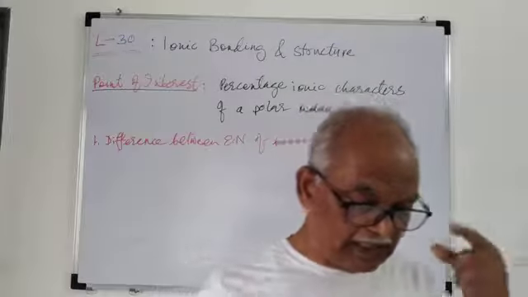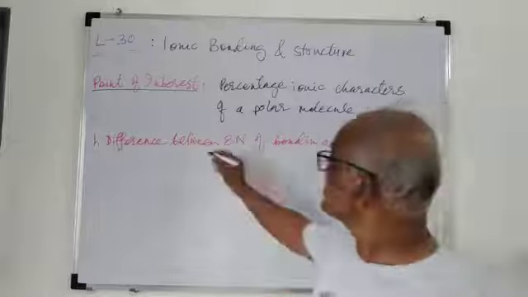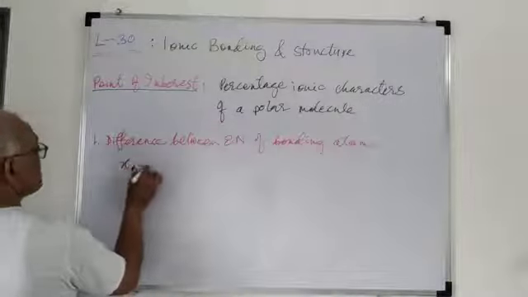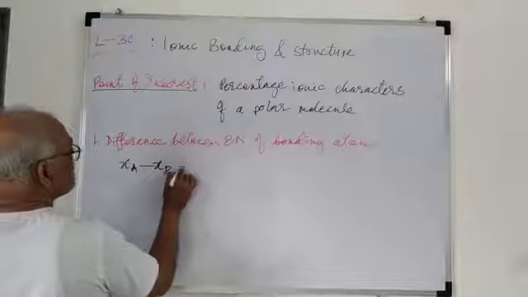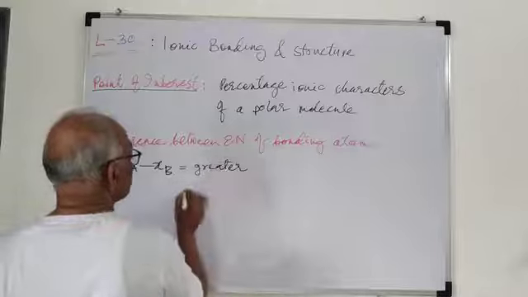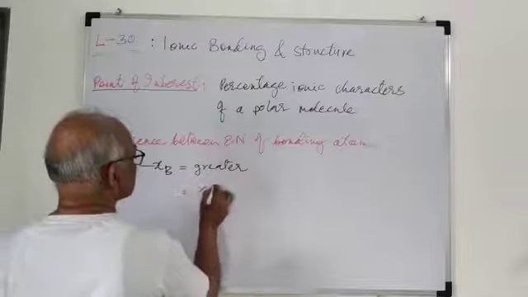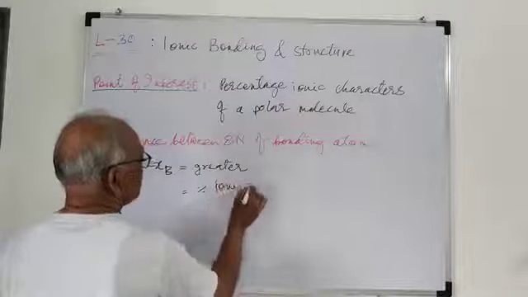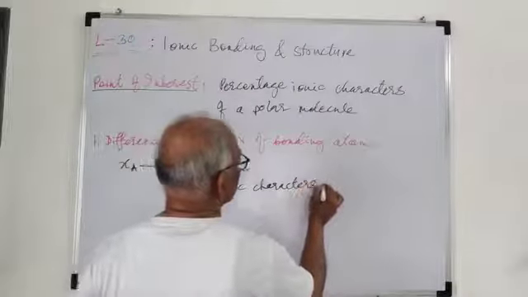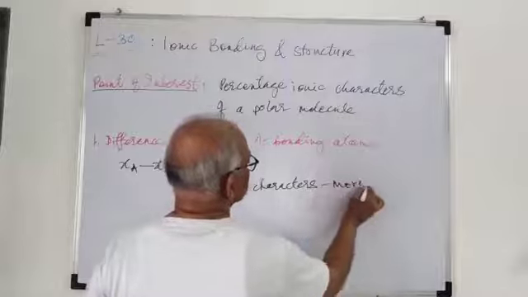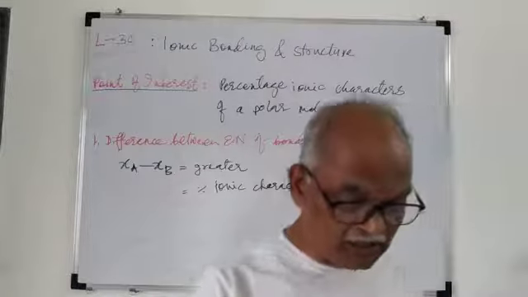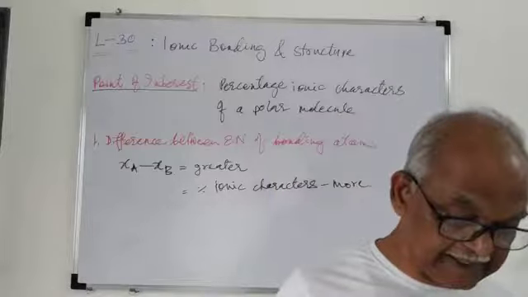Here we know that the greater the value of this difference, Xa minus Xb, the more the percentage ionic characters are, meaning the bond is ionic in nature, or it has more ionic characters.